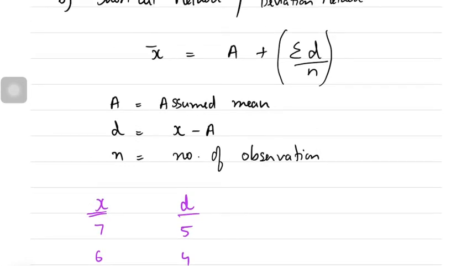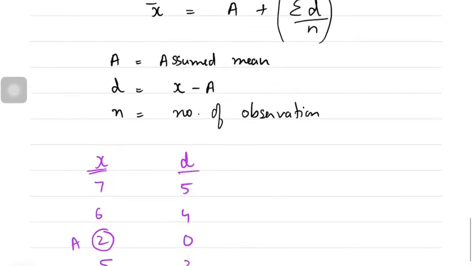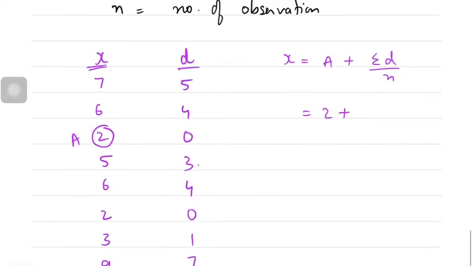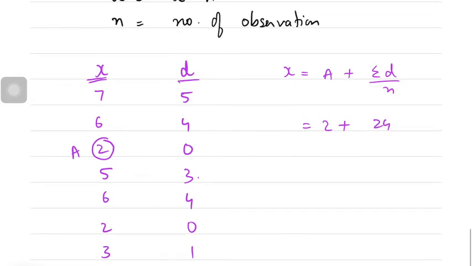Now the formula is x bar is equal to a plus summation D upon n. My a is 2 plus summation D is 24. Number of items are 8. Right?